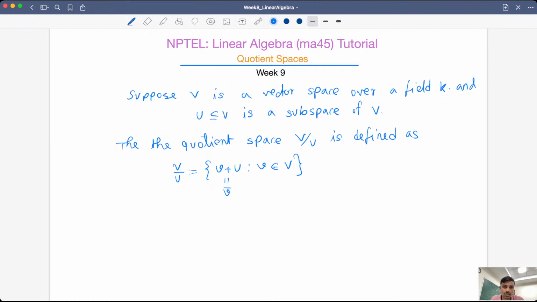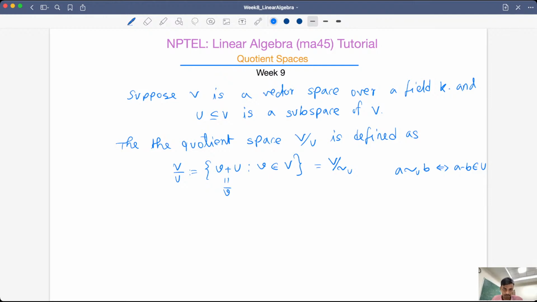If I define an equivalence relation on V, this is also written as V mod tilde U, where a tilde_U b if and only if a minus b belongs to U. So this is the relation, and this is the class with respect to that.